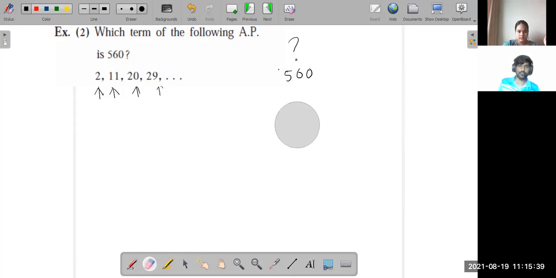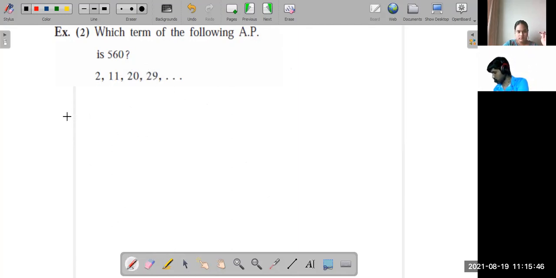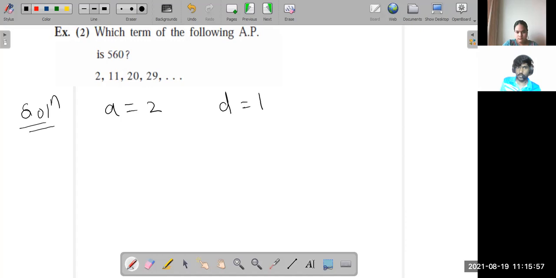So this is an AP. In this, the first term is given to you. First term is 2. Common difference you can find out by T2 minus T1. So that is 11 minus 2, which is 9.